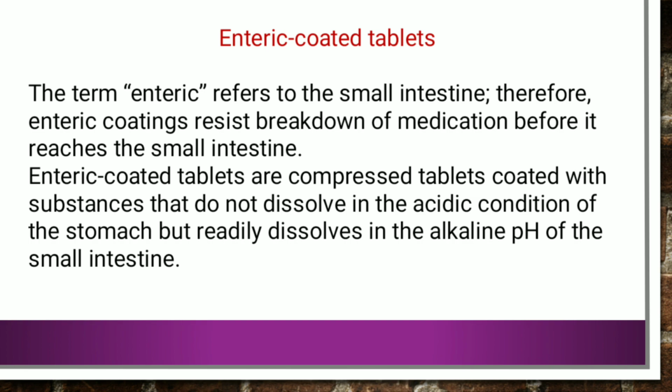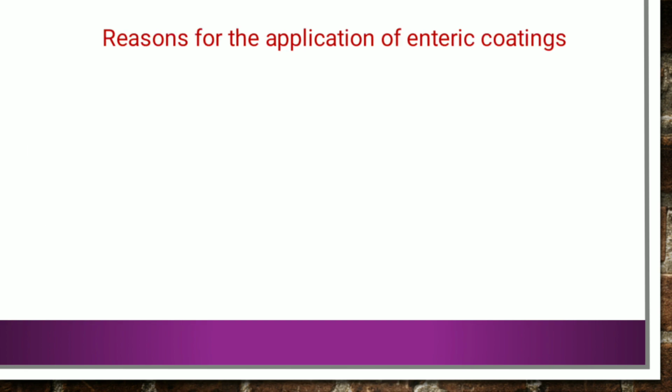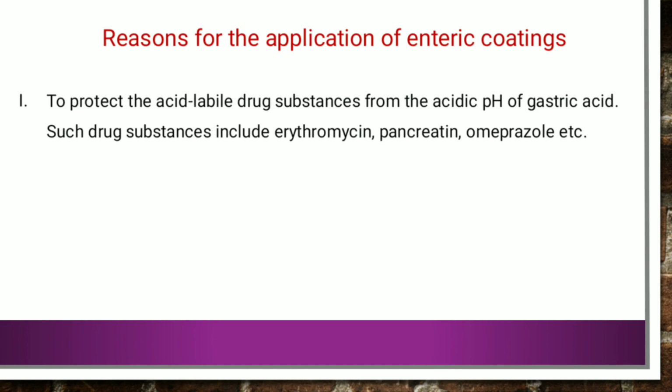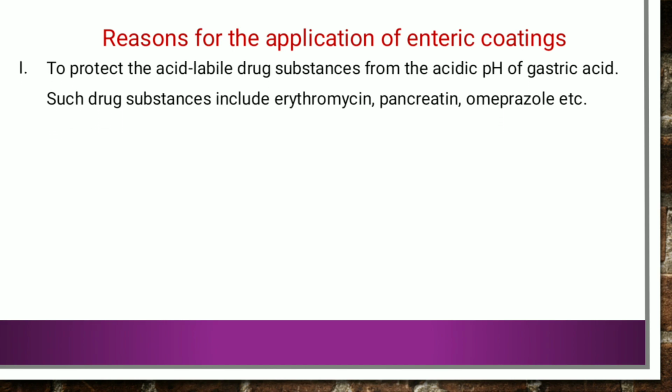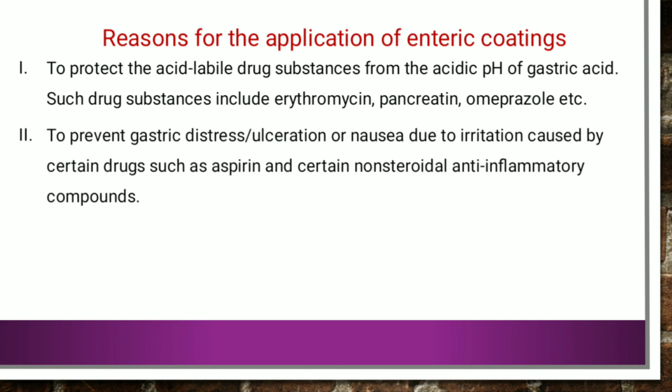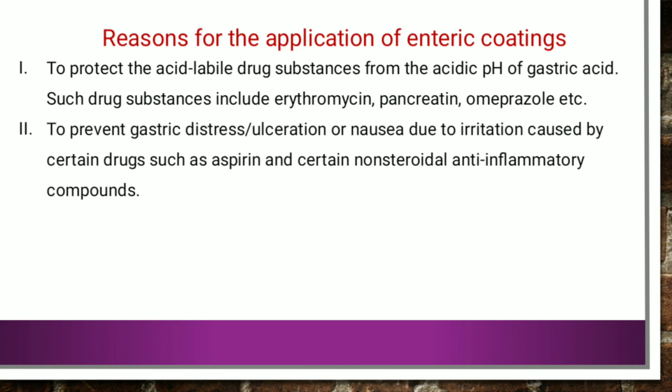Then let's talk about the reasons for enteric coating, why these enteric coatings are required. The first one is to protect the acid labile drug substances from the acidic pH of gastric acid. Such drug substances include erythromycin, pancreatin, omeprazole, etc. Then the next one is to prevent gastric distress or ulceration or nausea due to irritation caused by certain drugs such as aspirin and certain non-steroidal anti-inflammatory compounds.